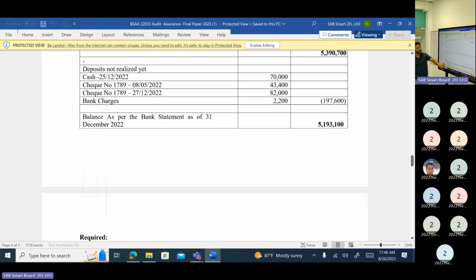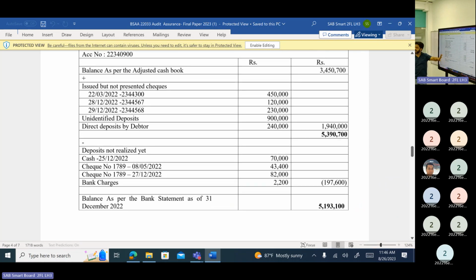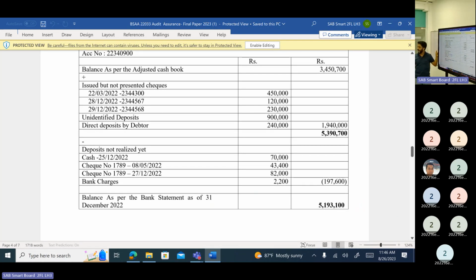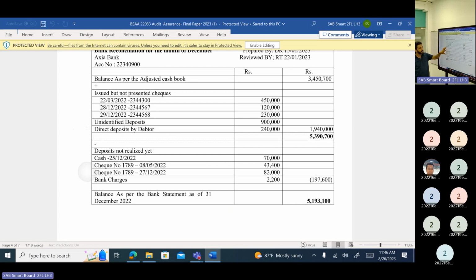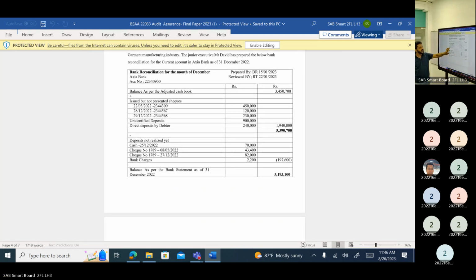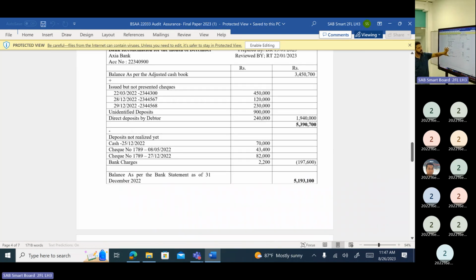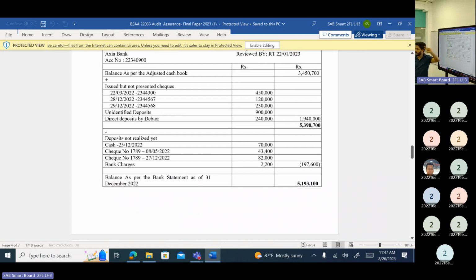Do the bank reconciliation. That's a presumption, right? It's obvious that bank charges come from the bank reconciliation. Do you agree with me? Bank charges is an adjusting item.